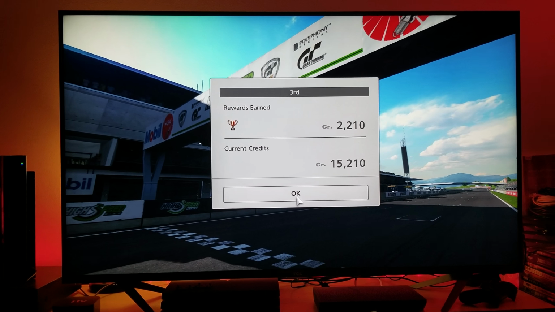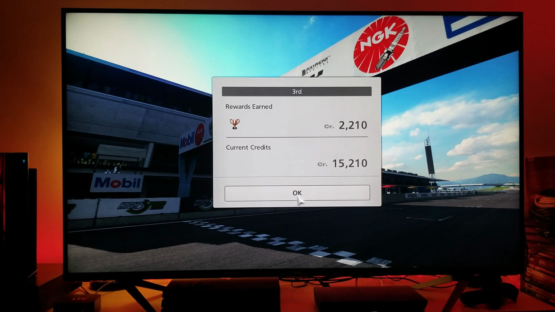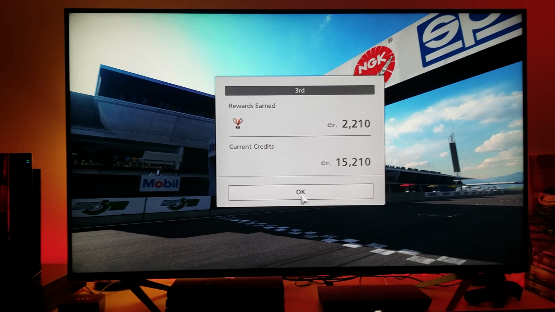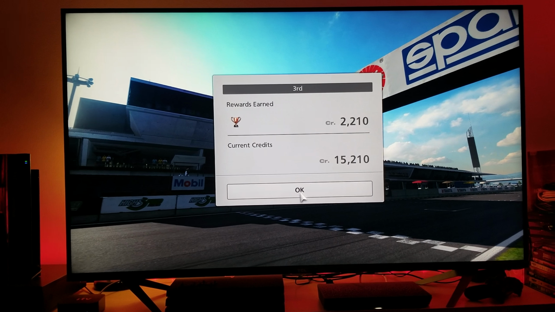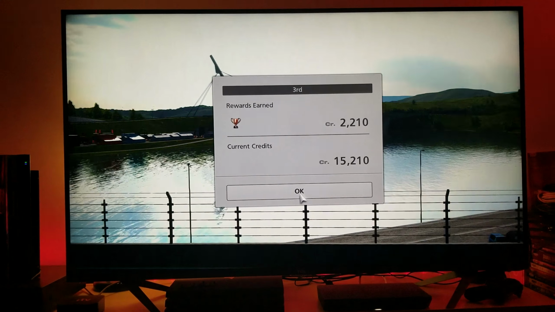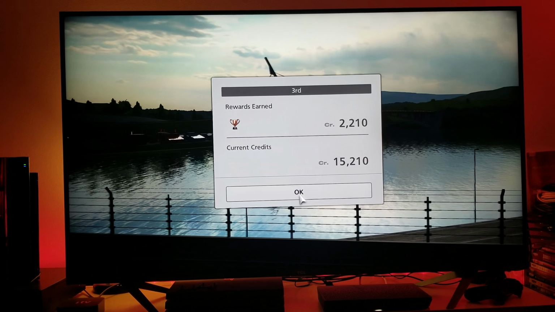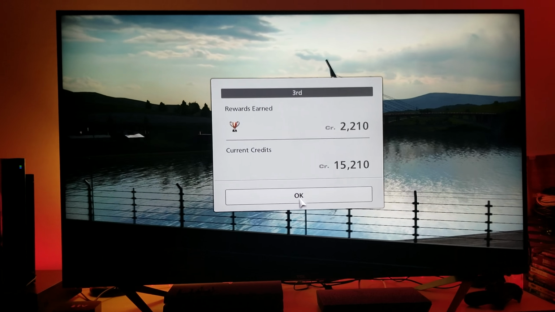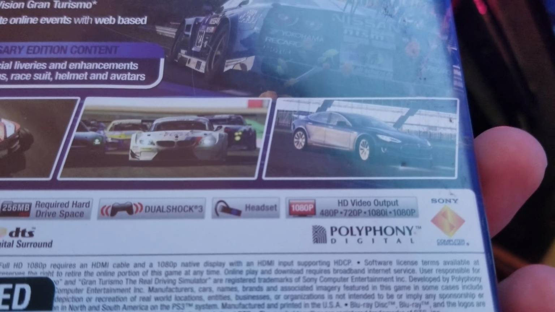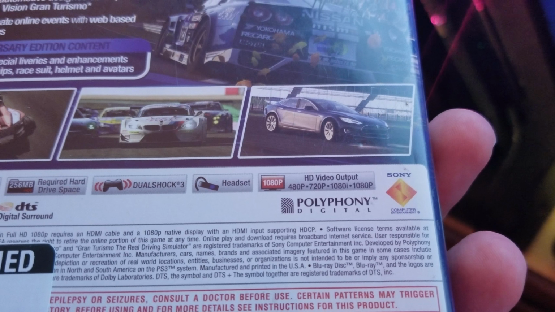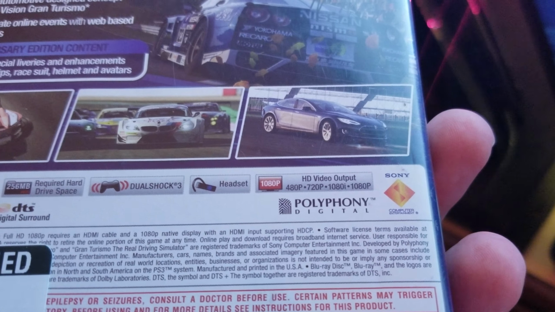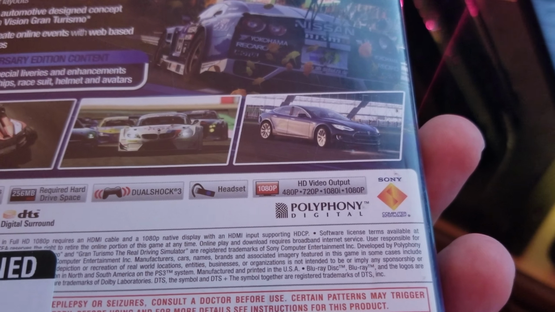Actually, let's look at the Gran Turismo 6 cover box and let's see exactly what type of resolution it supports. Well, it supports various different types of resolution, 1080 interlaced and 1080p.